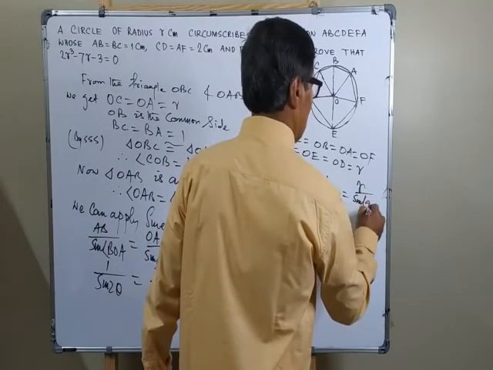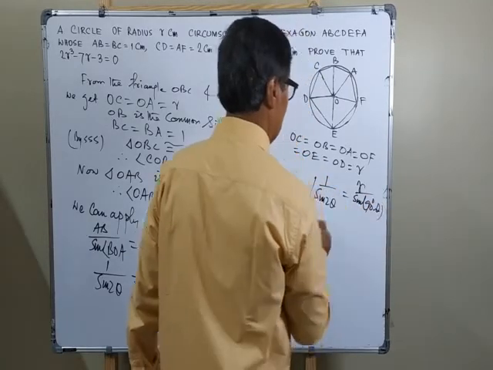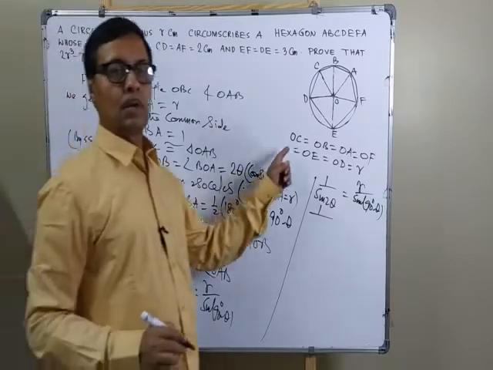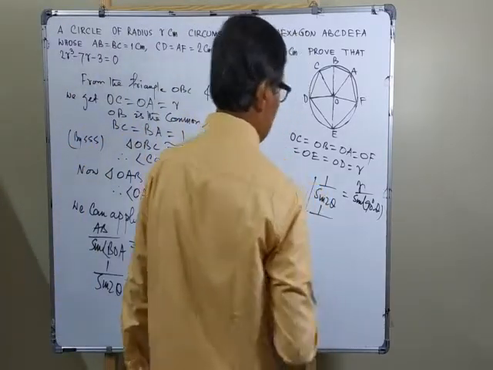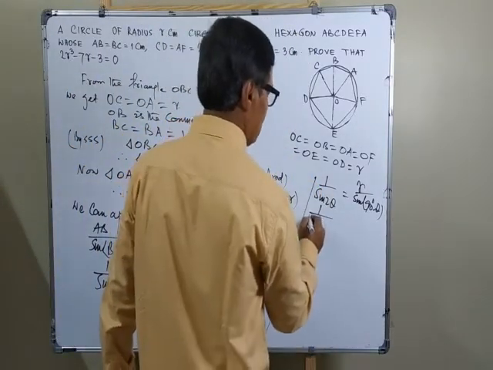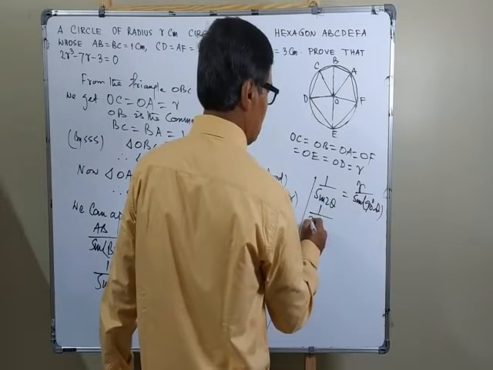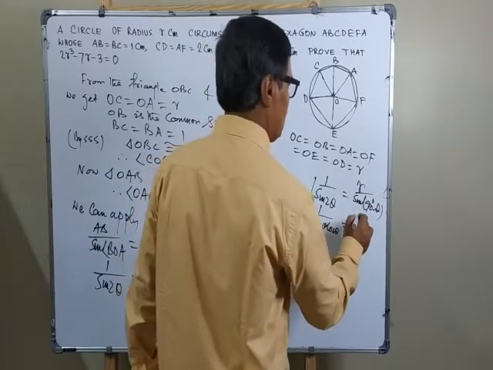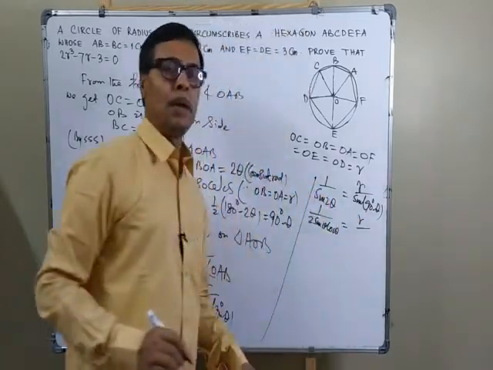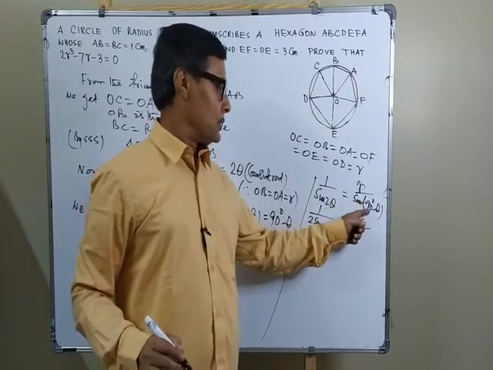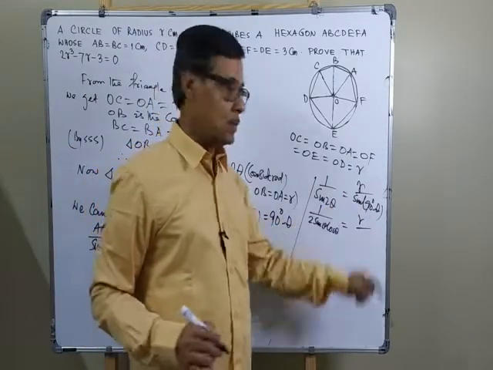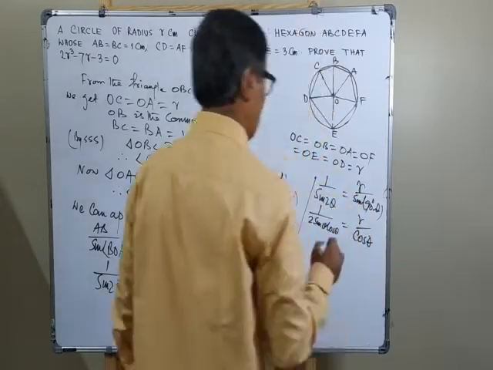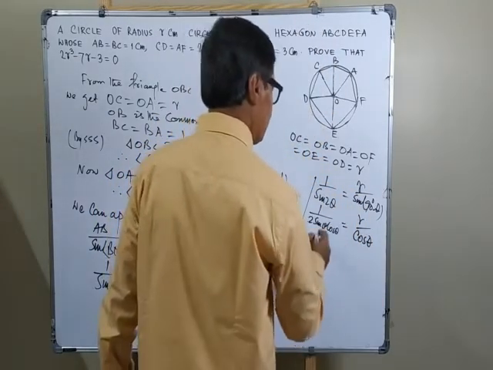Sine 2 theta is 2 sine theta cos theta by the multiple angle formula, so 2 sine theta cos theta is equal to R over sine of 90 minus theta. Sine of 90 minus theta is equal to cos theta. So this is cos theta.